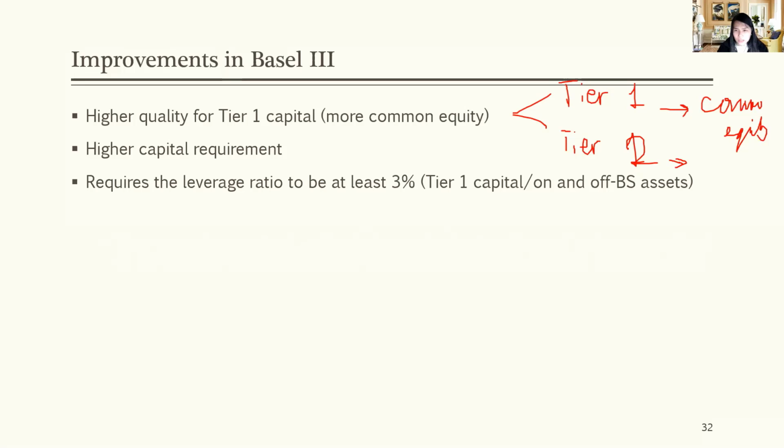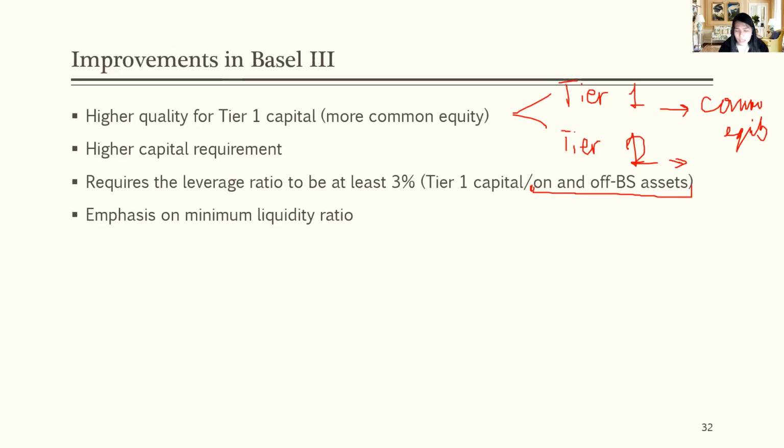They can't take too much leverage in the sense that their leverage ratio is calculated off both on and off balance sheet assets. Okay, so the riskiness in the off balance sheet asset is also recognized in Basel III.